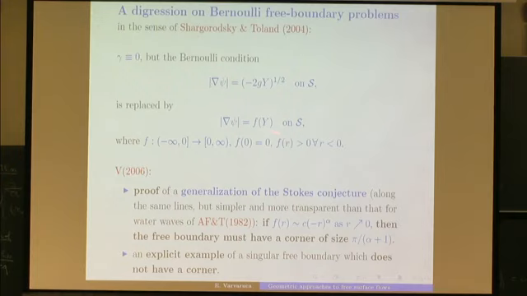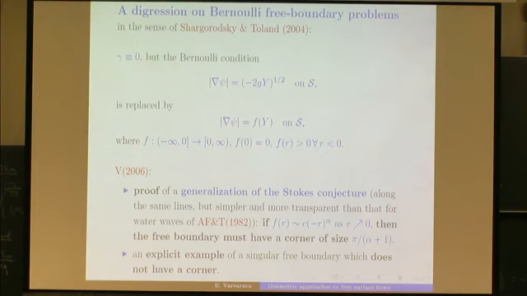The result, which is in my thesis and still based on complex analysis methods, is that if this nonlinearity has a power-like behavior, in a sense which I'm not making very clear, then there has to be this singularity. So if alpha is 1/2, then you get 2 pi over 3 and so on. So this generalizes the Stokes conjecture.